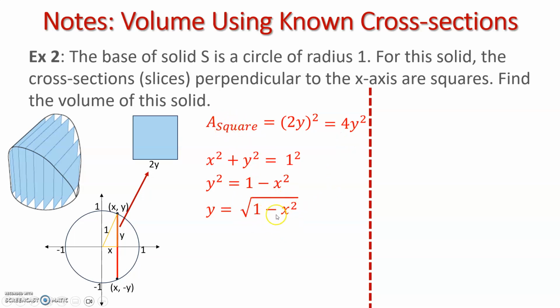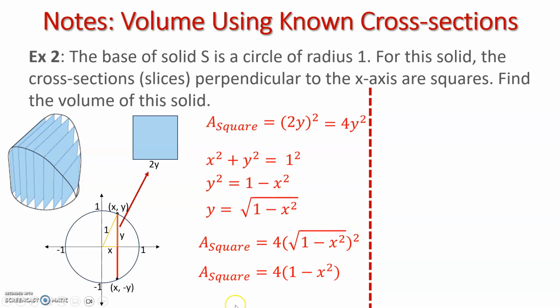So we're going to take this square root of 1 minus x squared and replace the y. So the area of the square is then 4 times the square root of 1 minus x squared, squared. And just like in the previous example, the square root and square are inverses, so they cancel each other, leaving us with the area of the square as 4 times 1 minus x squared.